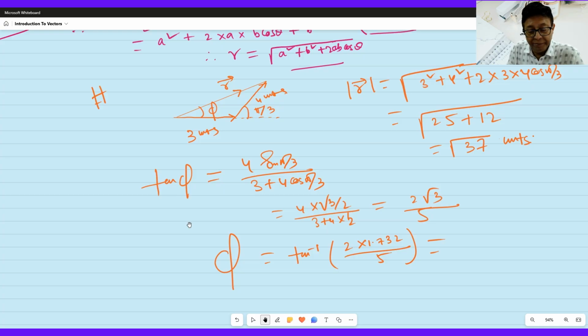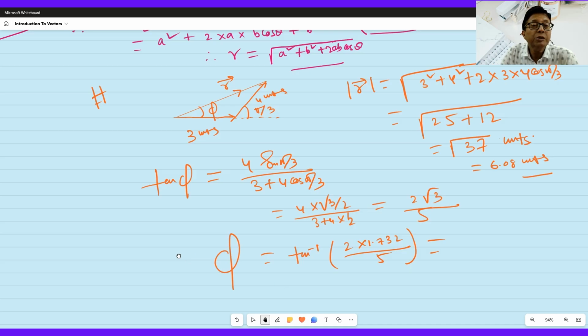This is coming 6.08 units. This one you try in your calculator. That I am not going to show. Clear? Done? You have understood one simple application.